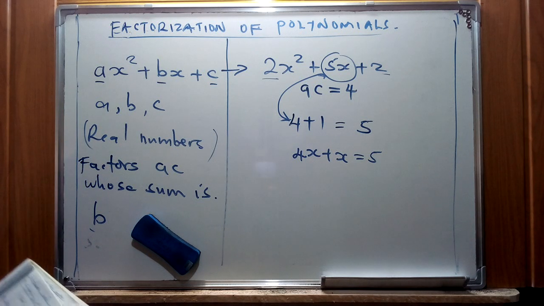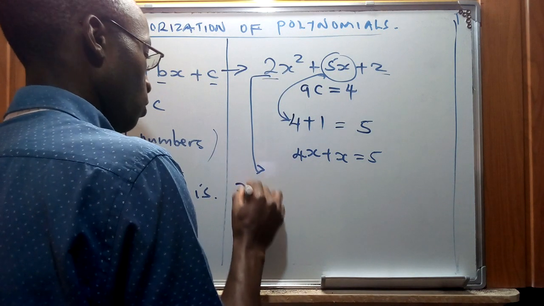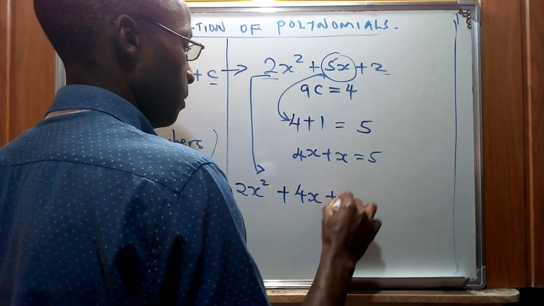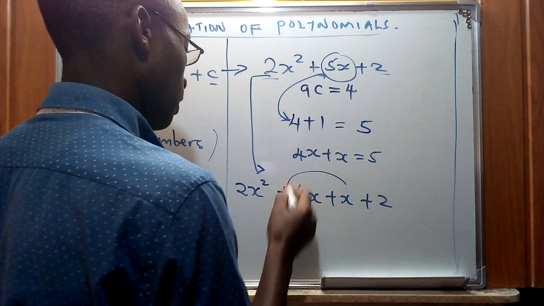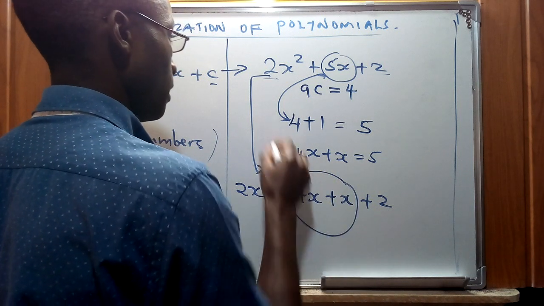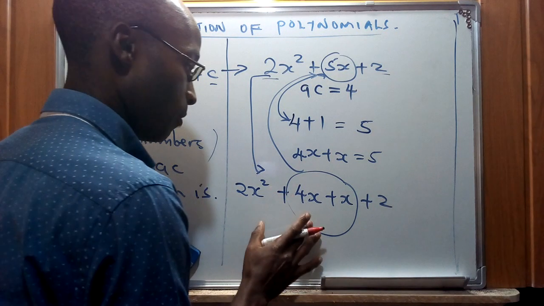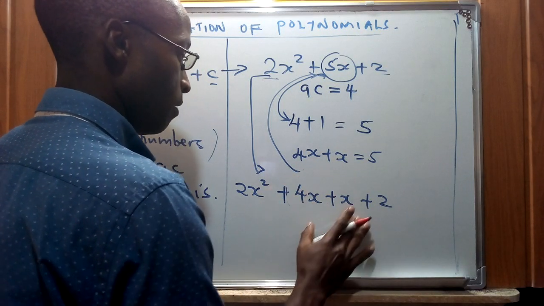So this expression is going to be written as 2x squared plus 4x plus x plus 2, whereby the second part, as I said, implies the 5x. So from that we are going to just do a grouping of those specific terms as we did for our previous one, and try to find the GCF in this particular case.